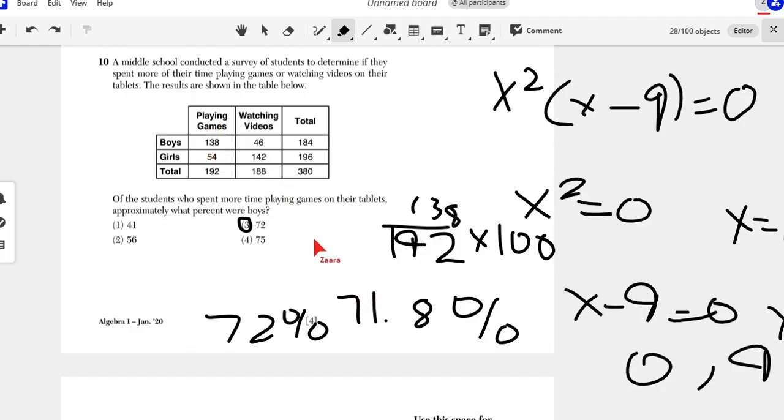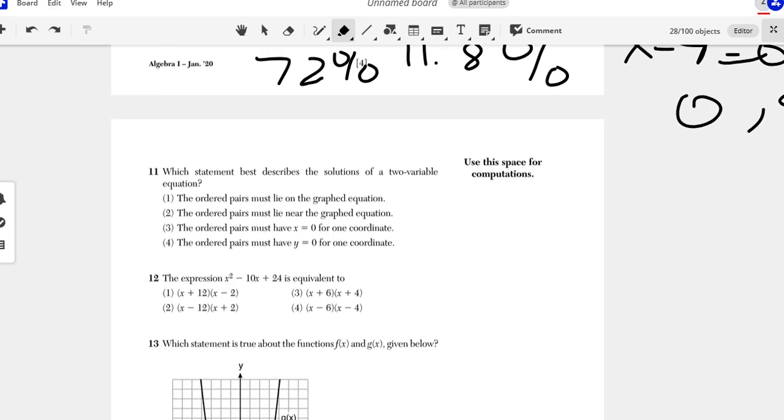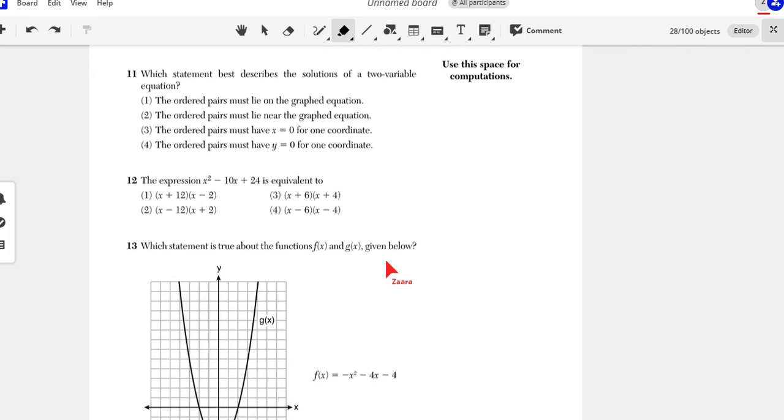Of the students who spend more time playing games on their tablets. Okay, so they are just asking for the students who are playing the games, right? Yes. Excellent. Next.